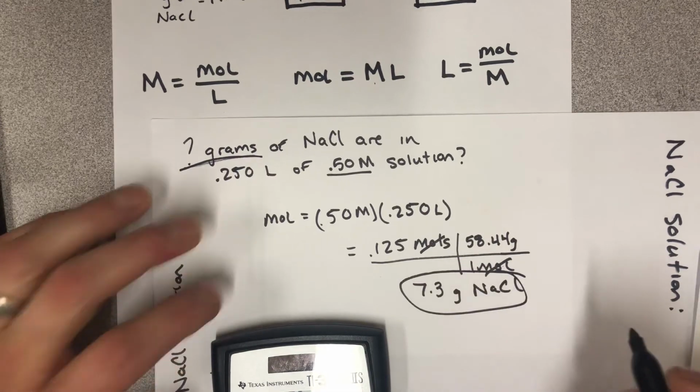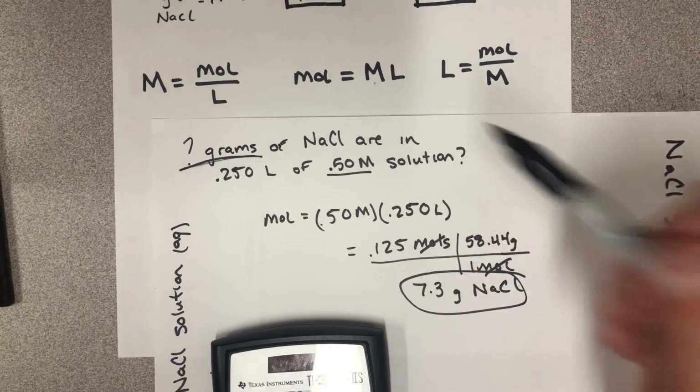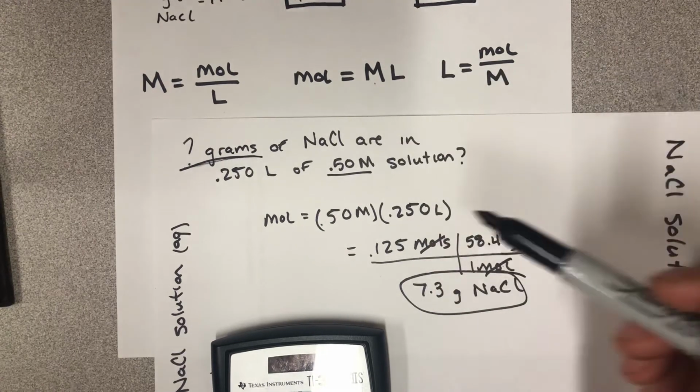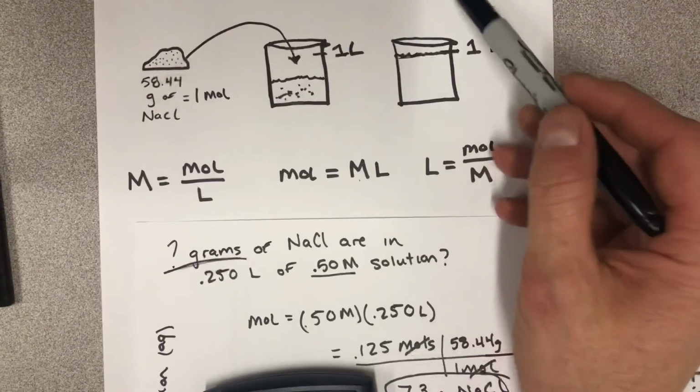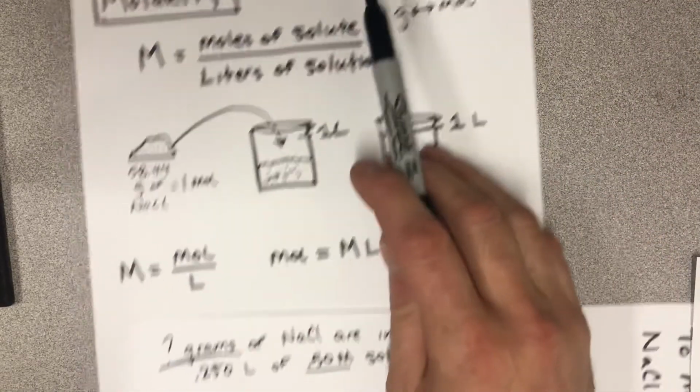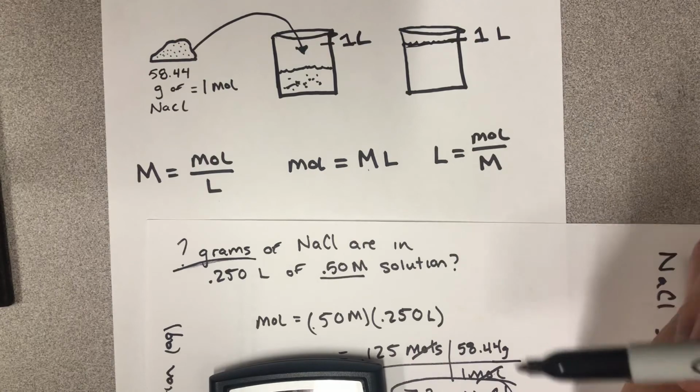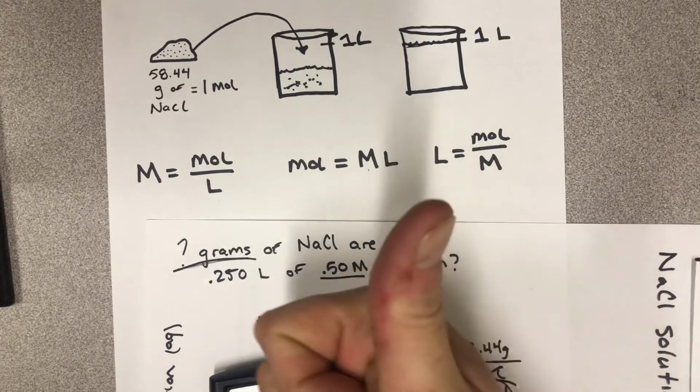The problems don't get too much more challenging than that. It's just a matter of isolating your variable, solving for it, and then potentially doing some conversions back and forth between grams and moles, or liters and milliliters perhaps. So hopefully not too challenging for you.